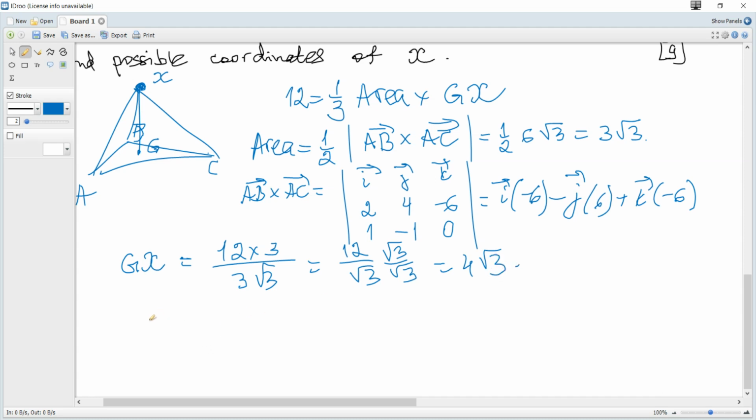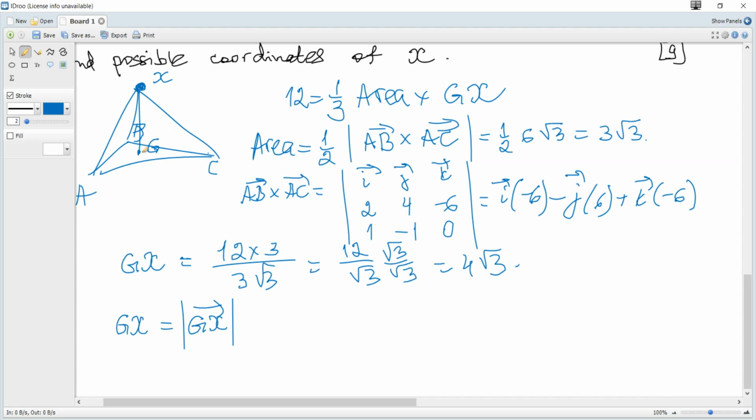And we can consider Gx as the Gx vector and its magnitude, which is 4 root 3. And what is the Gx vector?